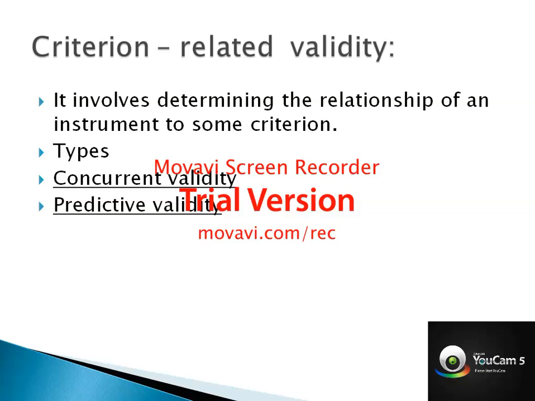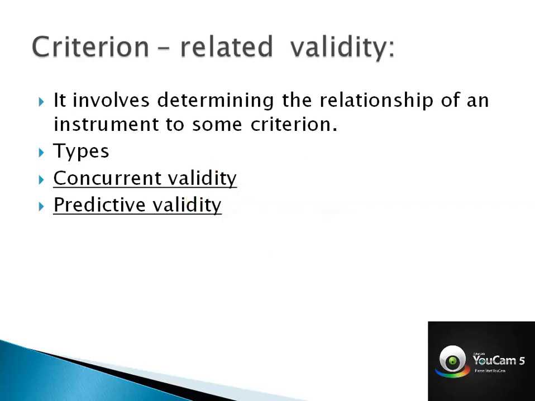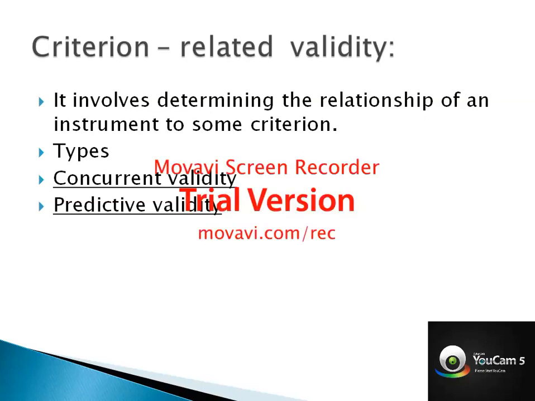If you compare both, you will come to know that if the leave is too much, then the job satisfaction is low. If they are taking holidays so many times in a month, it represents the job satisfaction. So that is criterion related validity.